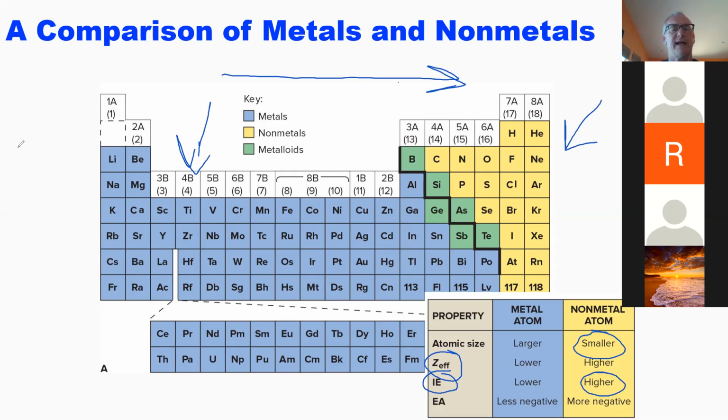It's very difficult to take electrons away from nonmetals because they are much closer to the happy place, to the electronic nirvana, where you have 8 electrons in your outermost shell. They're really close to getting there. And so it's much more stable for them to gain electrons and then become like a noble gas configuration.